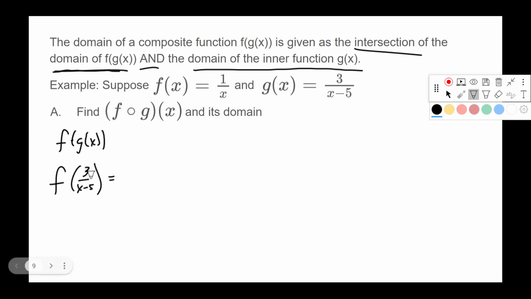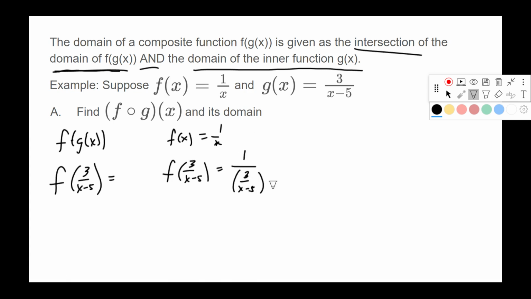So wherever I see an x in f, I'm going to replace that with 3 over x minus 5. So I have 1 over 3 over x minus 5. Now, what do I do with this? Well, this is something divided by another fraction.